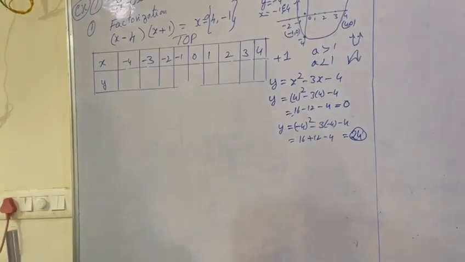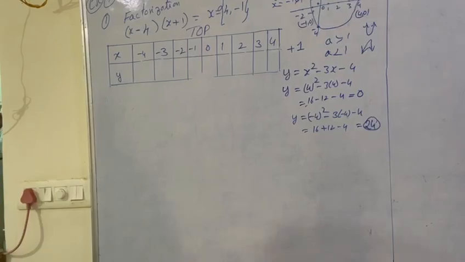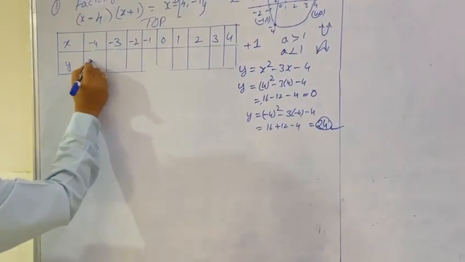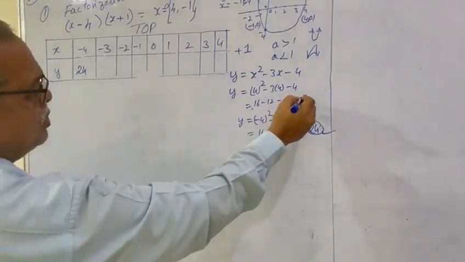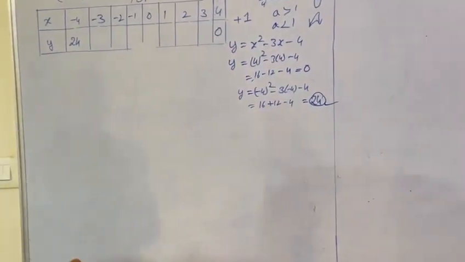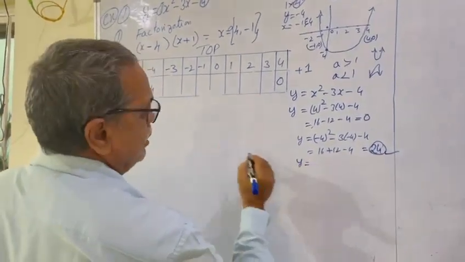In this way, you will have to take the values on the x-axis. For x minus 4, y is equal to how much? Y is 24. And for plus 4, y is equal to 0. Next, you will have to take x is equal to minus 3.